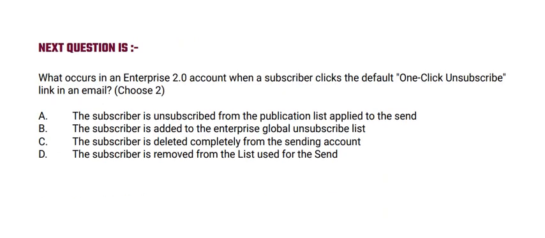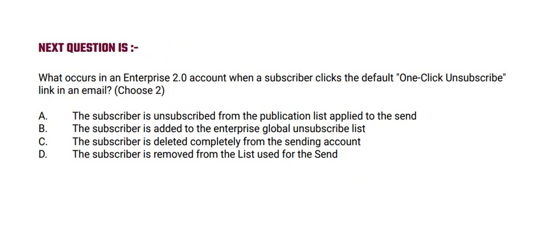Next question is, what occurs in an Enterprise 2.0 account when a subscriber clicks the default one-click unsubscribe link in an email? Choose two options. And the options are option A, the subscriber is unsubscribed from the publication list applied to the send.